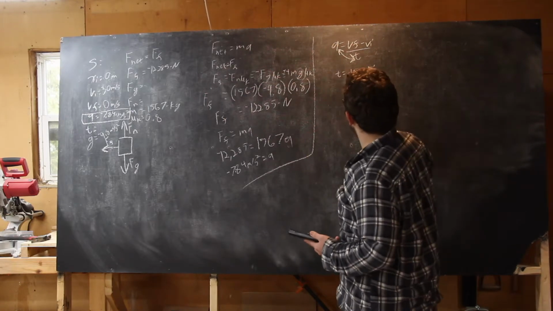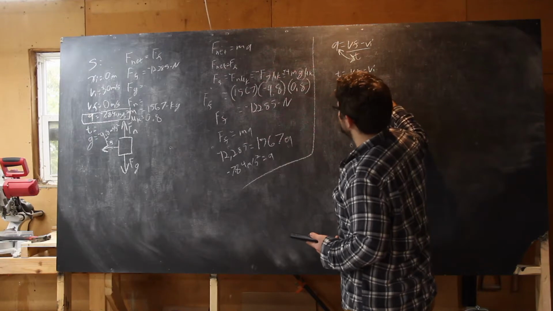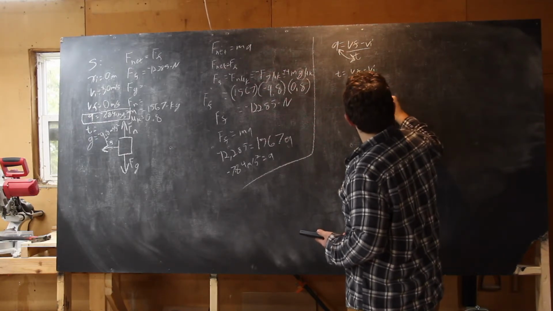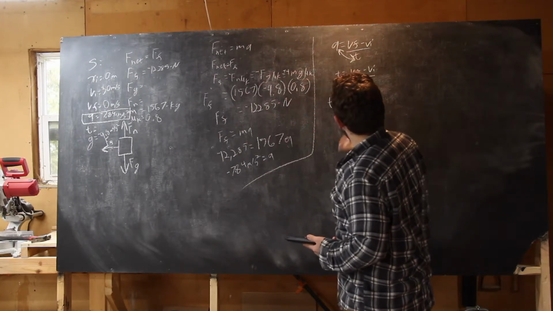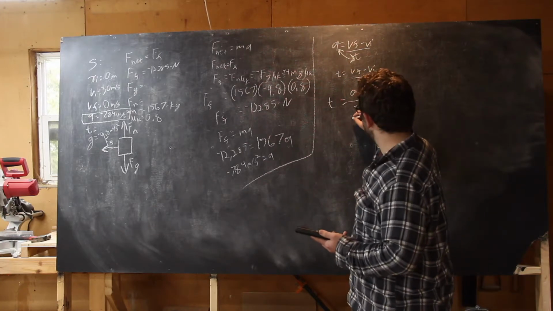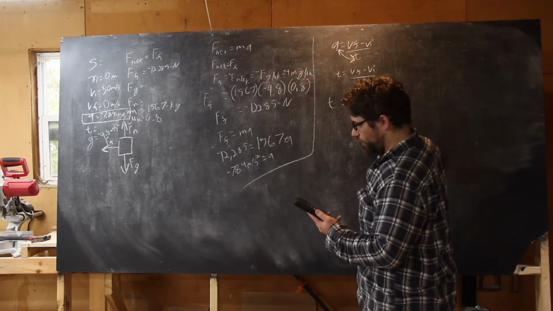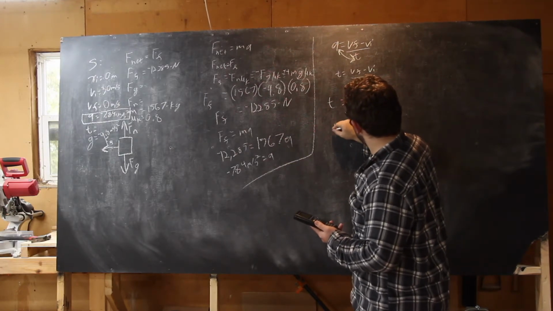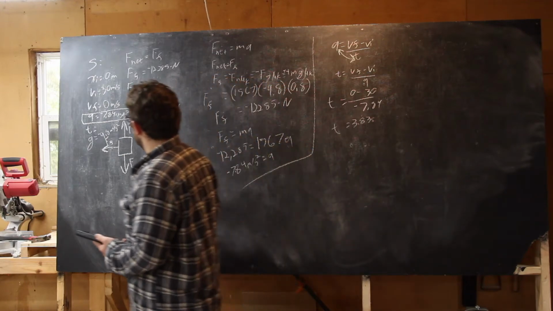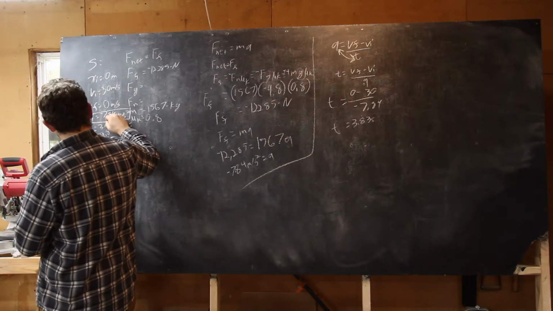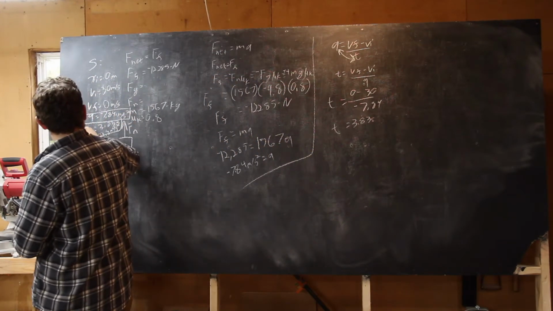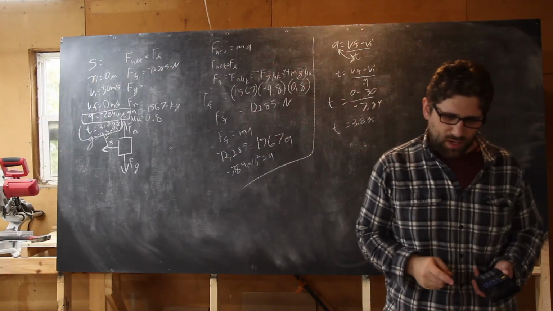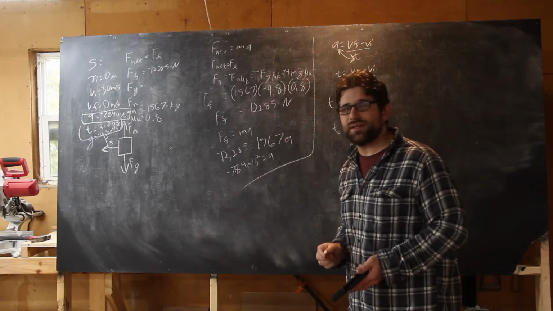Let's plug in our numbers: 0 minus 30 over negative 7.84 equals t. So our result there is 3.83 seconds equals t. So we'll put that in: 3.83 seconds.